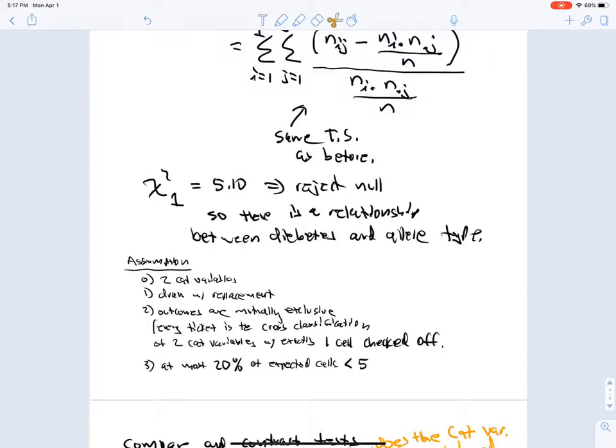So just like I was discussing before, you're one of several outcomes for one categorical variable, and you're one of several outcomes for the other categorical variable. And so in that cross classification, exactly one cell is checked off. And furthermore, at most 20% of expected cells is less than 5. Again, expected counts are binomial, not Poisson.